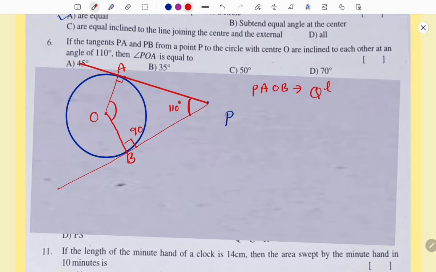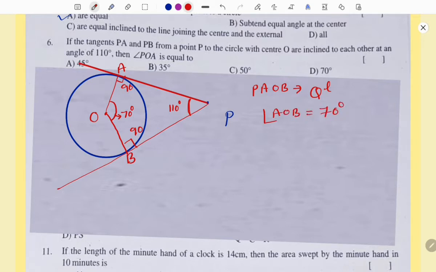Now this is 90, this is 90. So here 90 plus 90 is 180. Now the remaining sum of the angles is also 180. So now this is 110. Now what about this one? This angle is 70 degrees. So here angle AOB is equal to 70 degrees.